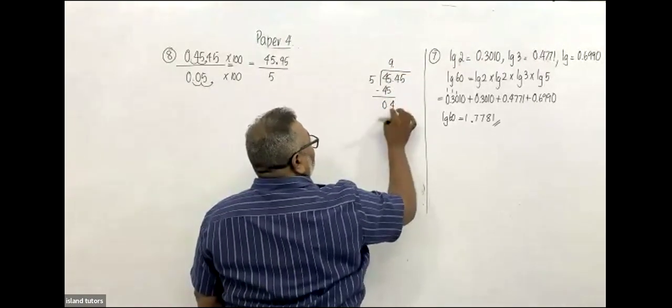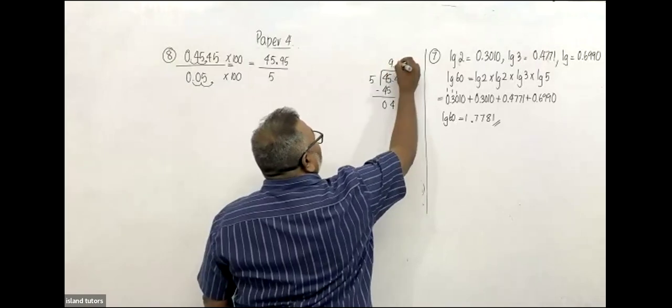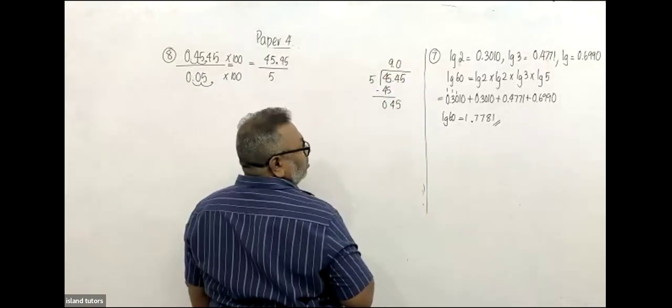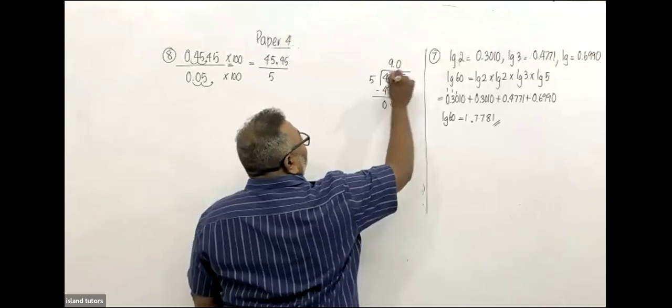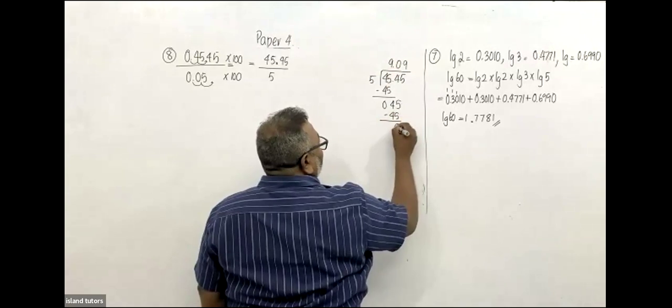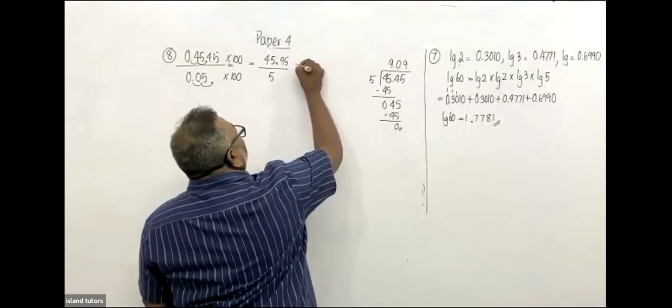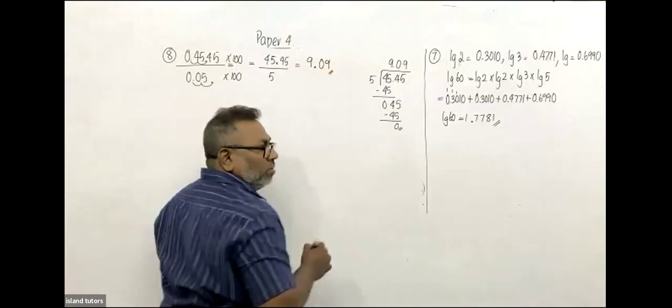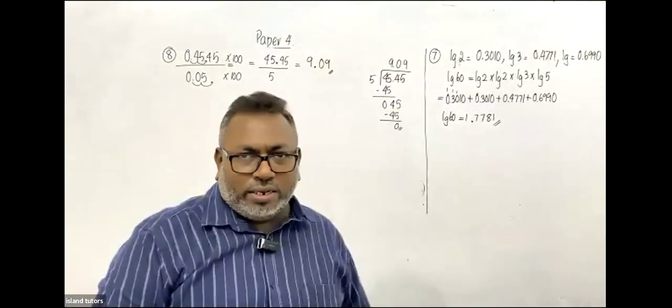Bring the 4 down. 4 divided by 5 is 0. Bring the 5 down. 45 divided by 5 is 9. So your answer therefore is 0.09. Okay. One way of doing it.